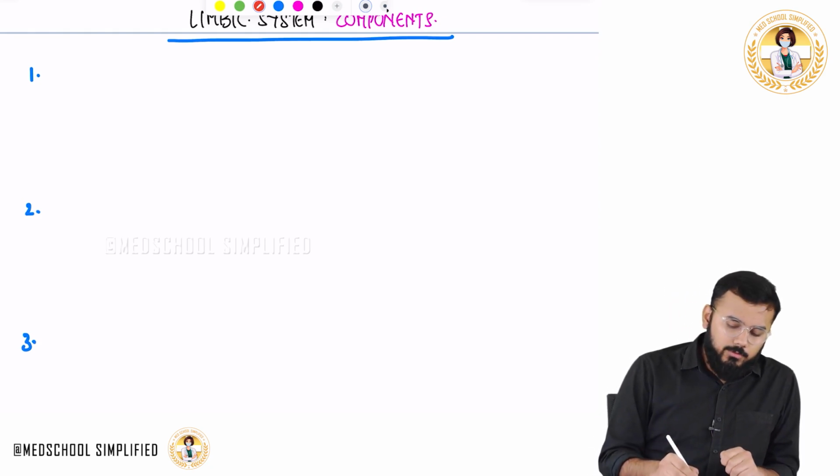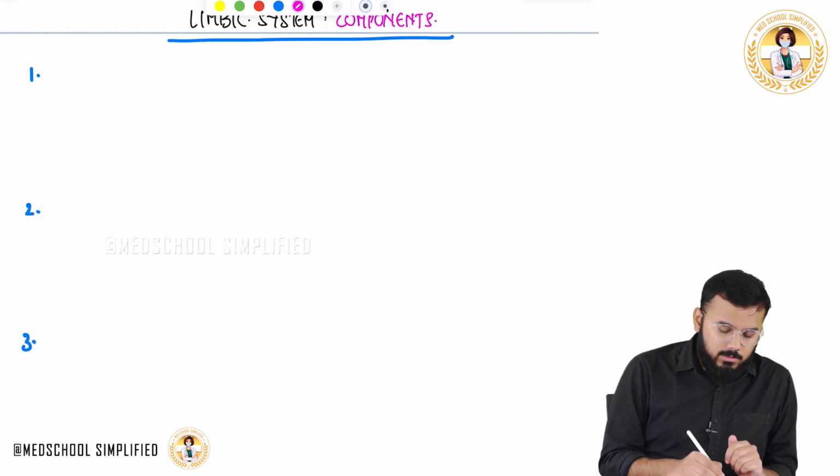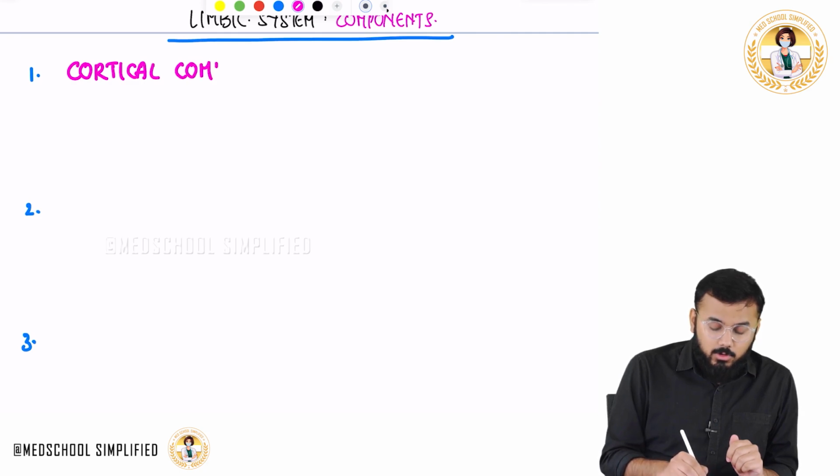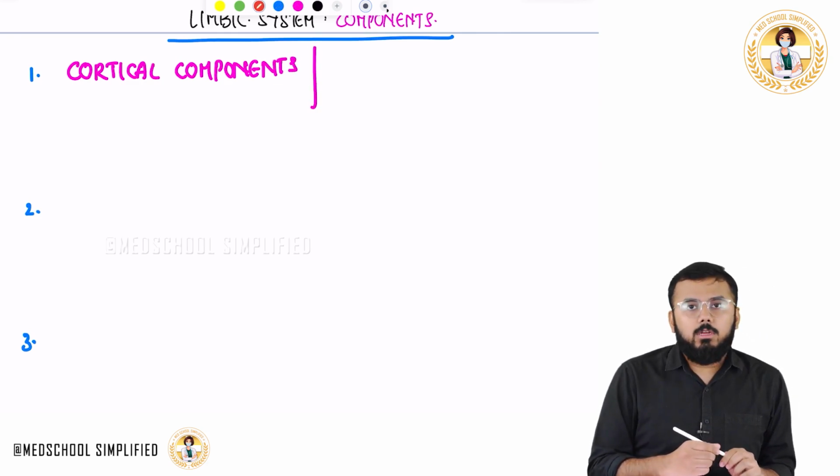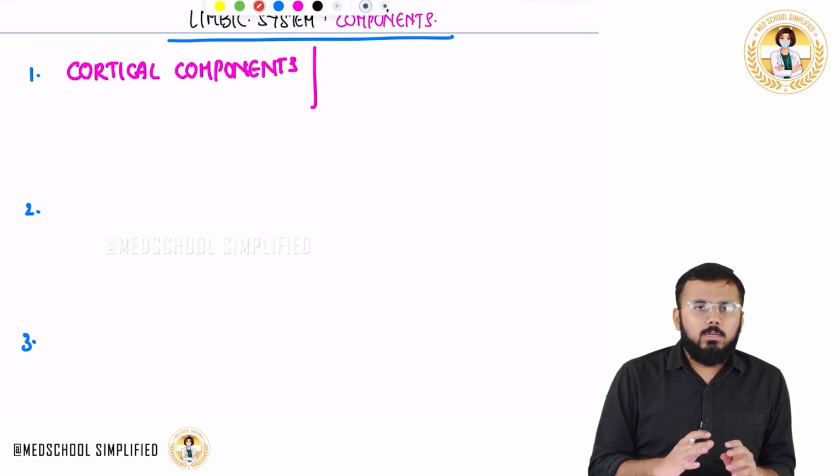The first important part of the limbic system is called the cortical part, or cortical components. The cortex is always outside, right? So these are the components present in the outer parts of the limbic system.